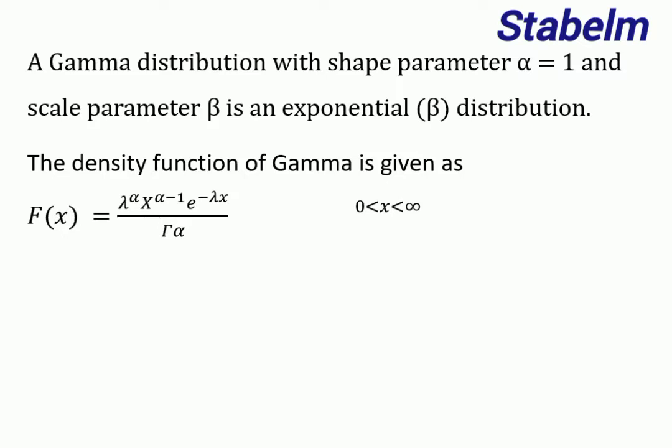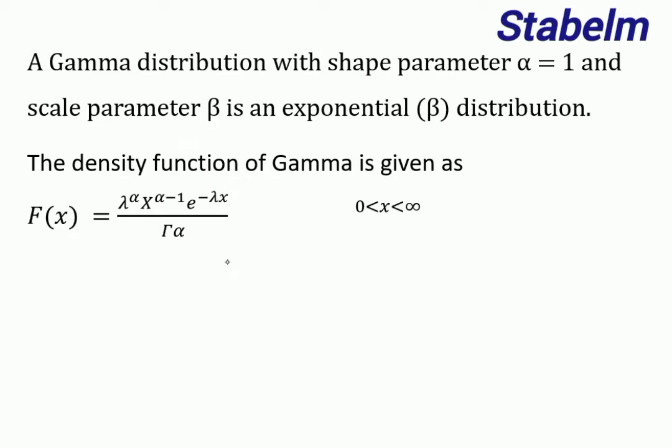Now this density function of gamma can definitely become an exponential distribution if our alpha is equal to 1.